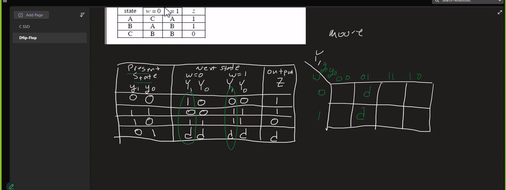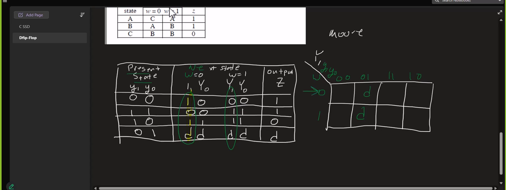Now I'm going to look just at W equals 0, that's this first column right here. And when W equals 0, that's this row of my Karnaugh map.